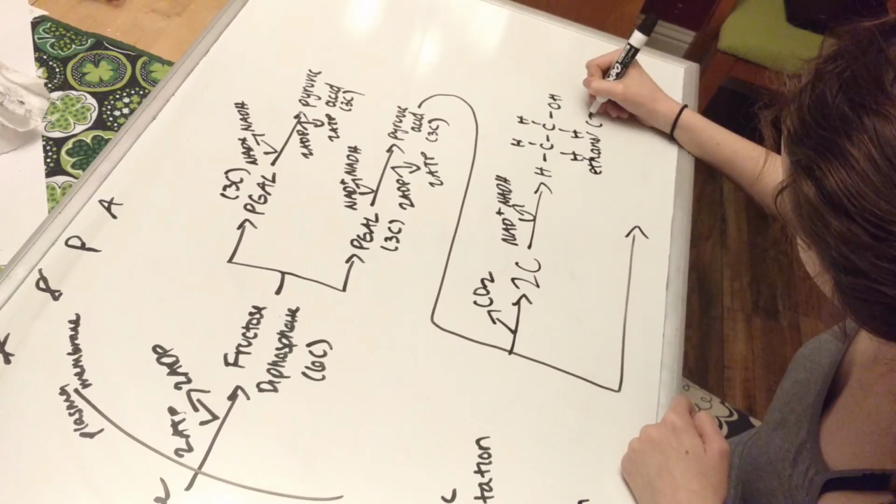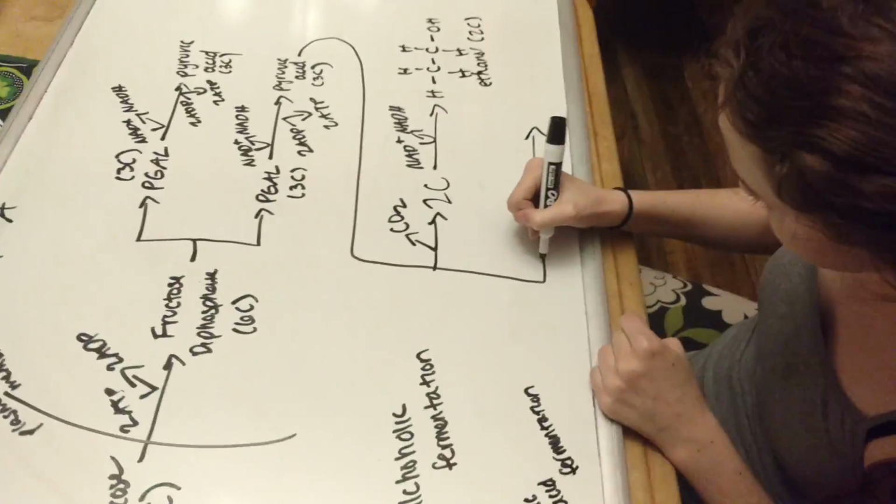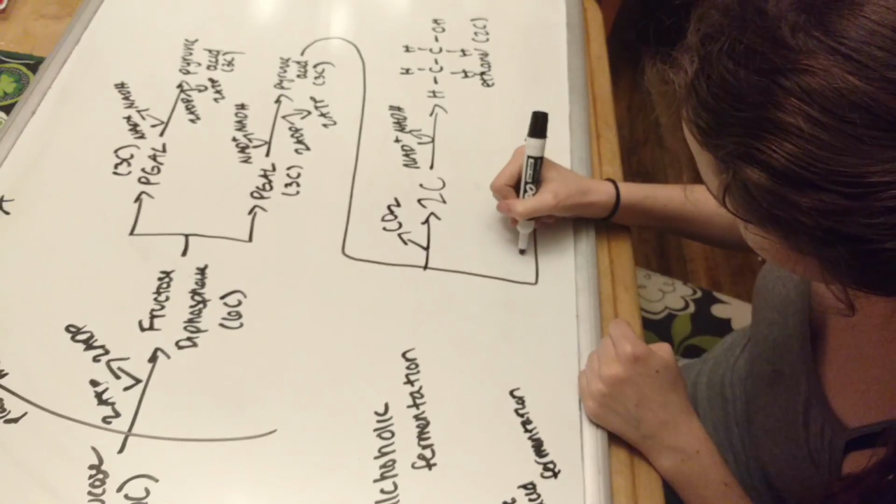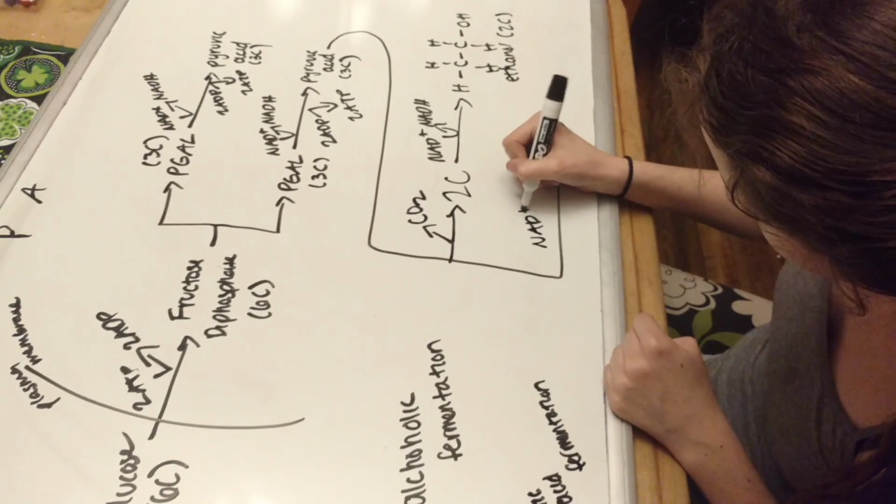And then ethanol is also 2 carbons, as you can see. 1 carbon, 2 carbon.